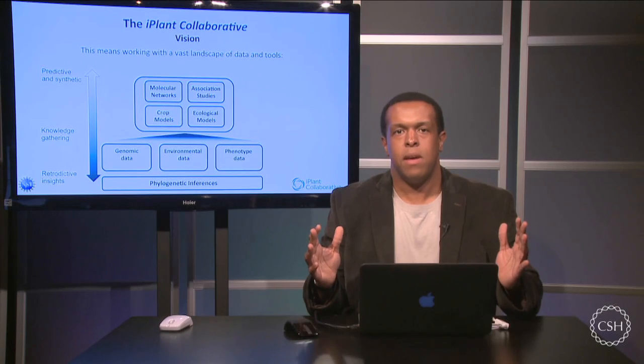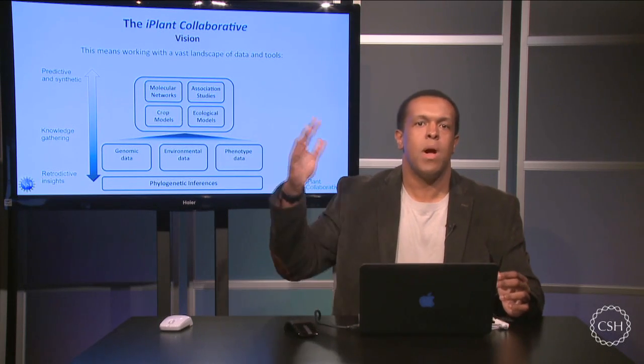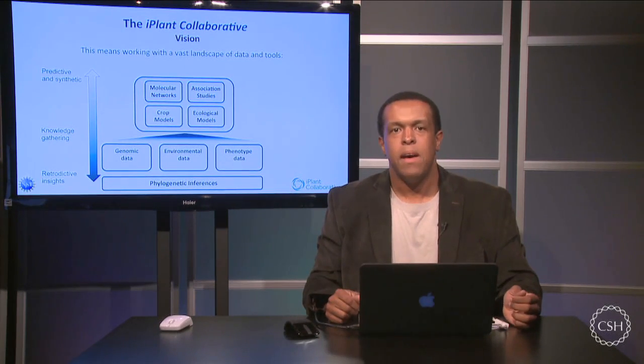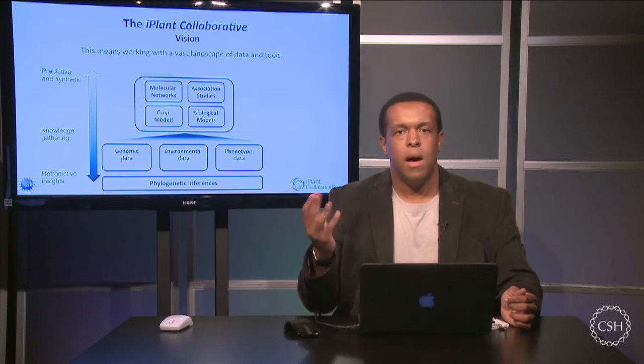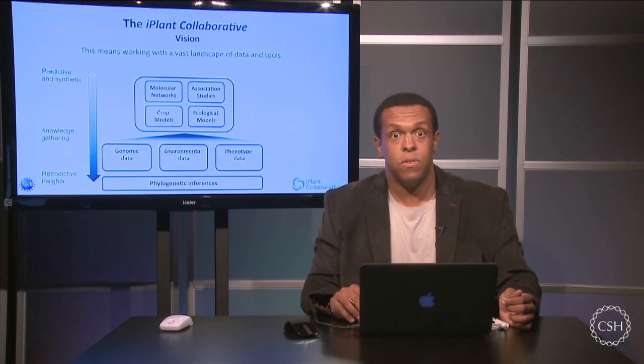So it's a whole vast array going off into the realm of predictive and synthetic biology. And that's really what we want to enable every single researcher to have access to, to follow their research inquiry, their question, up to that level, providing them the tools to do so.